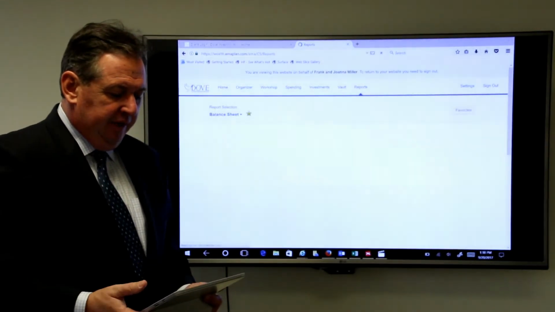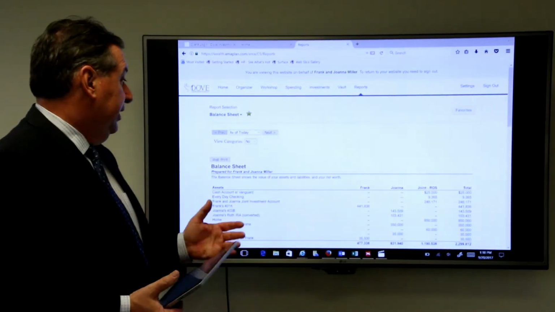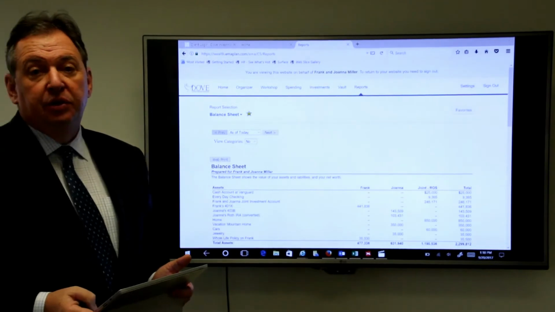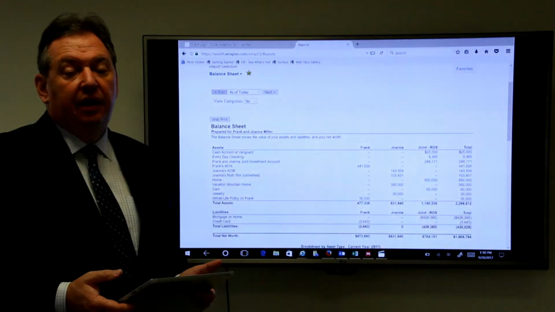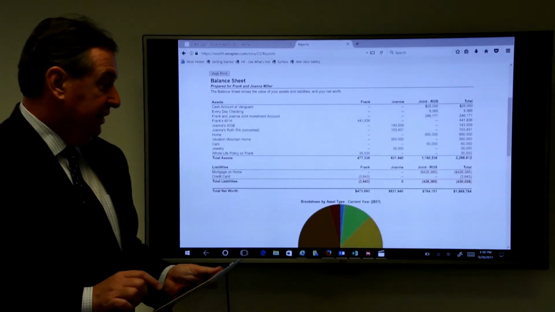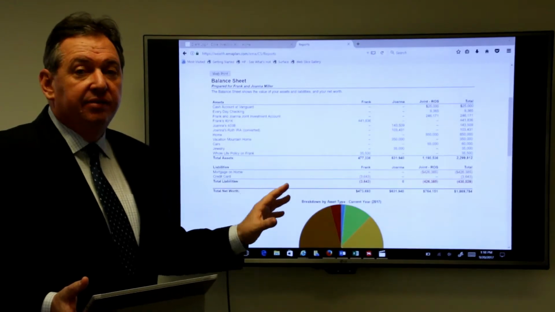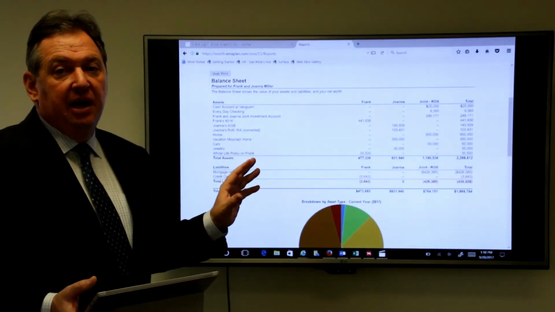And then ultimately, the reports that we can run off of this are just really powerful. Here's a balance sheet. If you really want to know where you stand on any given day, the balance sheet does the best thing you can, right? It breaks down what all the accounts are. This data is updated every single day automatically in the background for you.